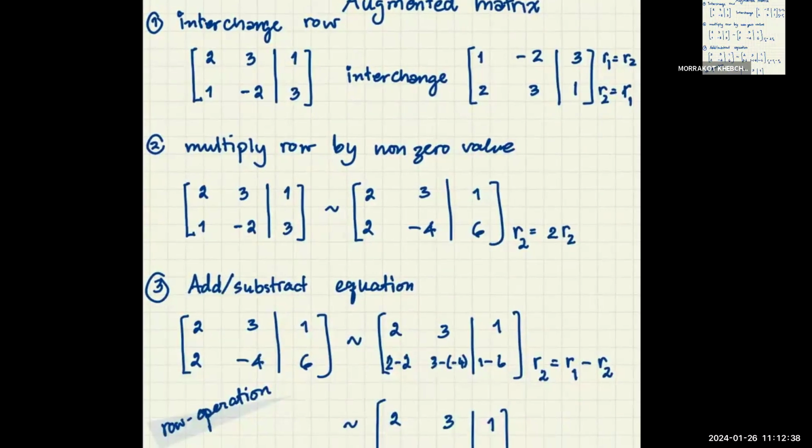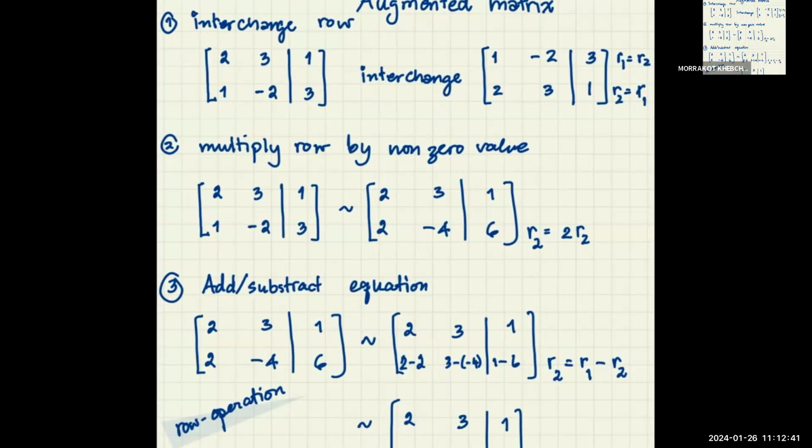And we talked about three operations that will not change the solution of the system of equations. Rule number one, you can swap any equation, or interchange the rows of the matrix in the augmented matrix, okay? Number two, if you multiply some row by a non-zero value, the solution does not change.